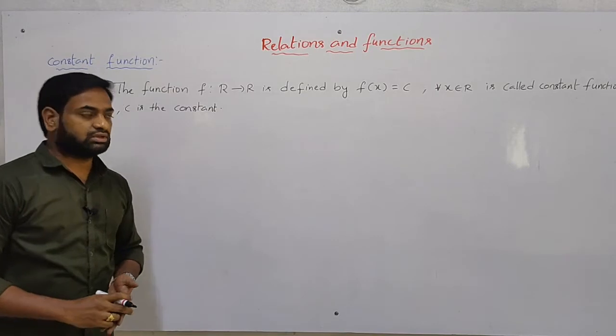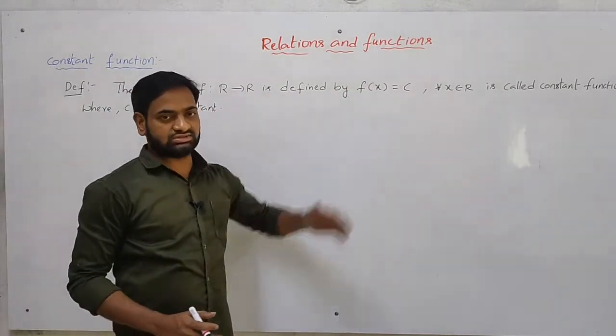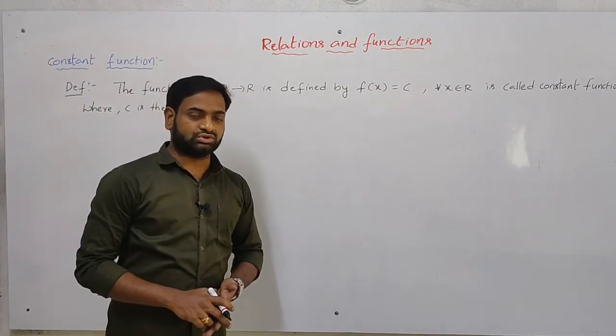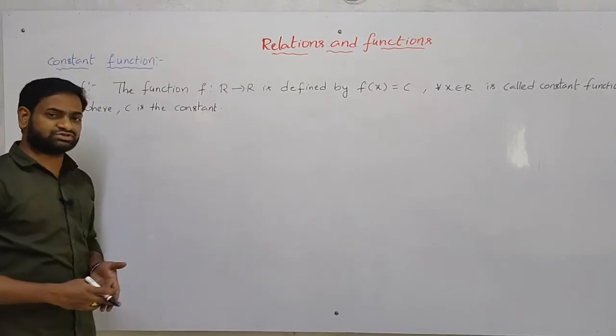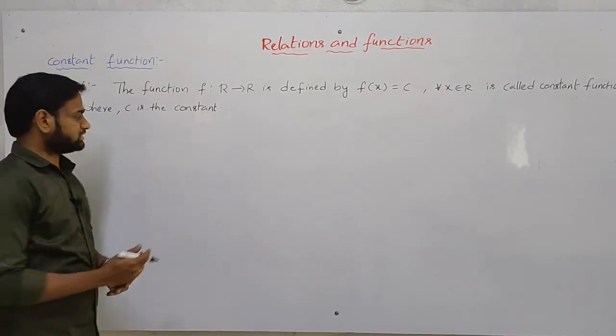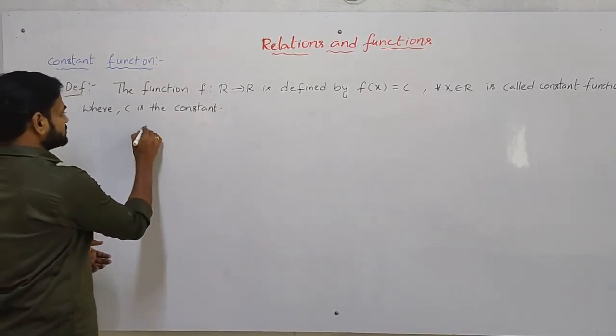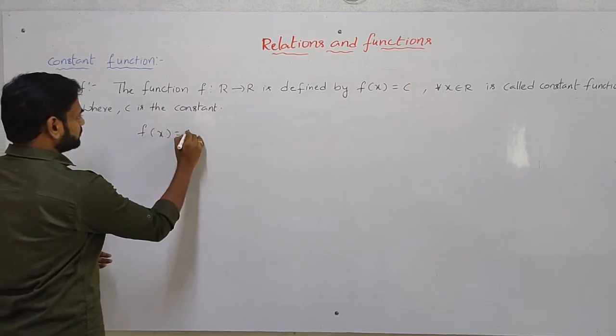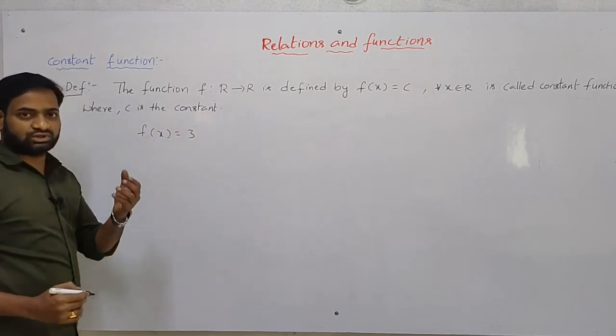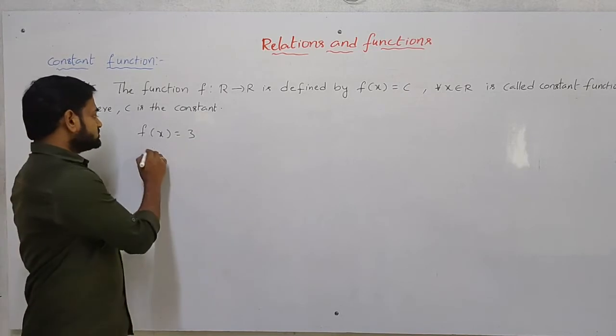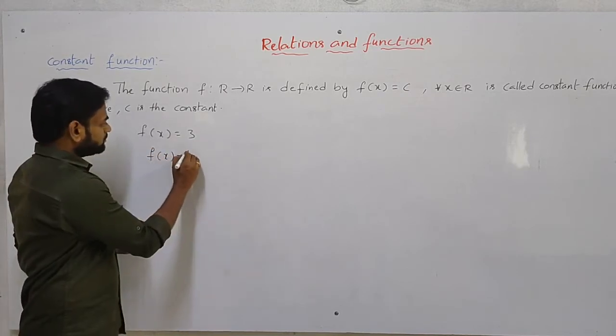See here, f of x equal to c is the constant. So you can take any constant function, not only fixed here. You can take constant functions like f of x equal to 3. It is one of the constant functions. Suppose f of x equal to 7.